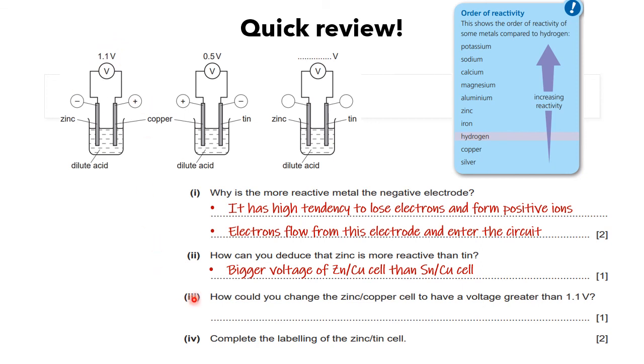Question number 3, how could you change the zinc copper cell to have a voltage greater than 1.1 kat sini? So zinc copper kita nak dapatkan voltage yang lebih tinggi, so kita mesti tukarkan zinc dengan more reactive metal kat sini, sama ada kita gunakan magnesium ataupun aluminium. So kita bagi tahulah how could you change, kena bagi contoh. Okay, change zinc with aluminium or magnesium.